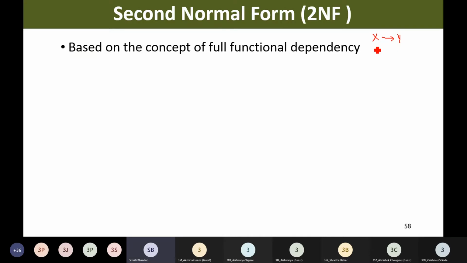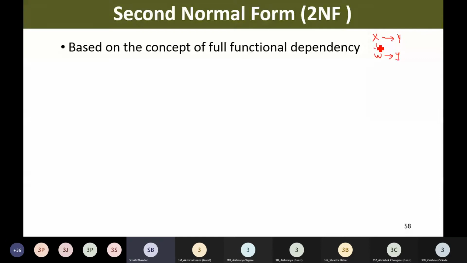So if we have a proper subset W of X, and if W also determines Y, then Y is not fully dependent on X, but Y is partially dependent on X. This is what we mean by partial dependency.